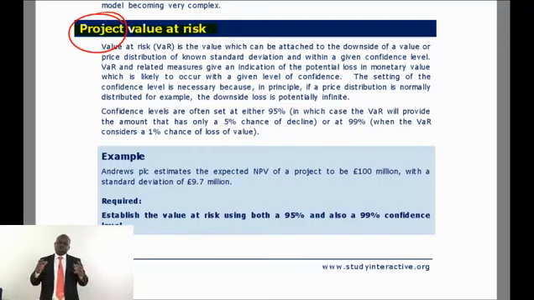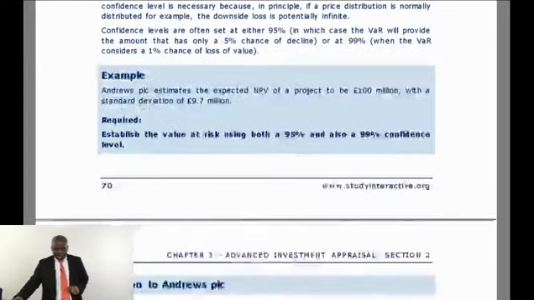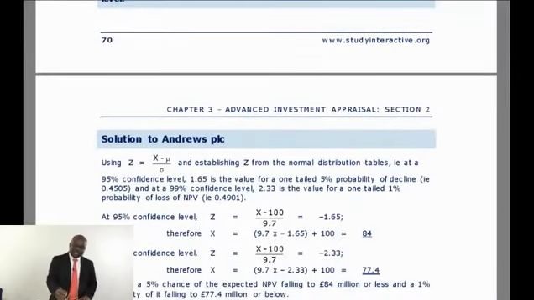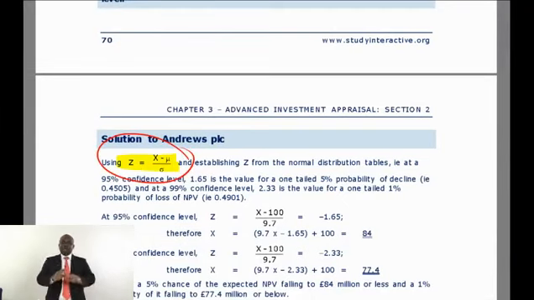Okay. So value at risk is simply the value you are likely to lose given a standard deviation, which is measuring the risk associated with the project, and obviously your confidence level. So when they tell you to calculate value at risk, this is the formula we would have needed. But I know this is too much into normal distribution, so I have changed it and made it very simple.